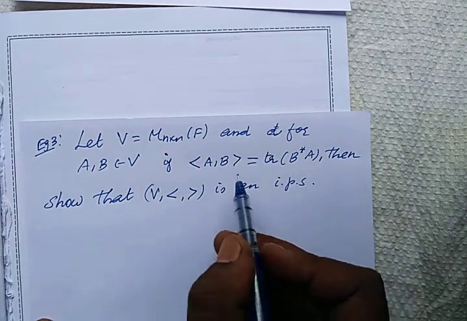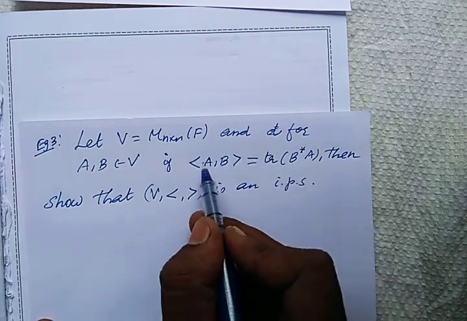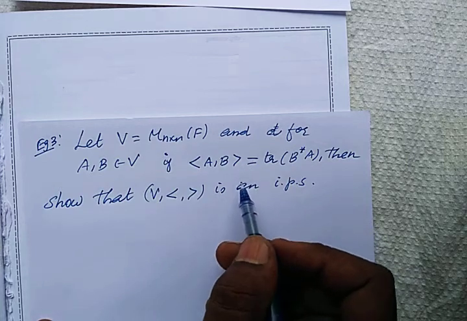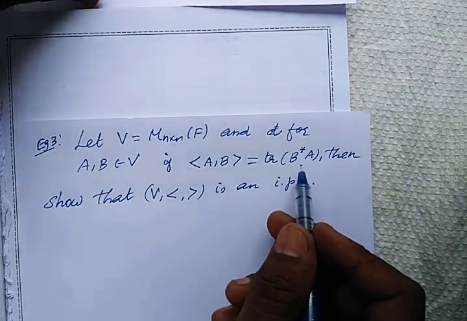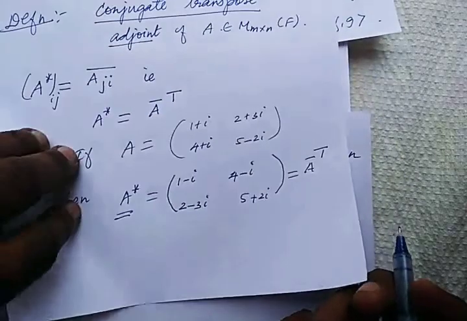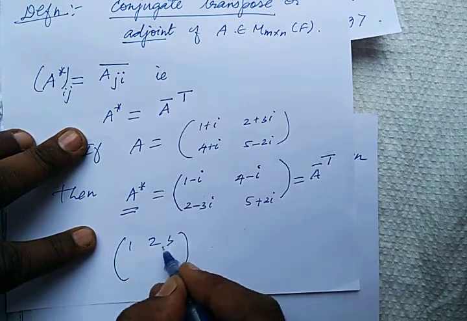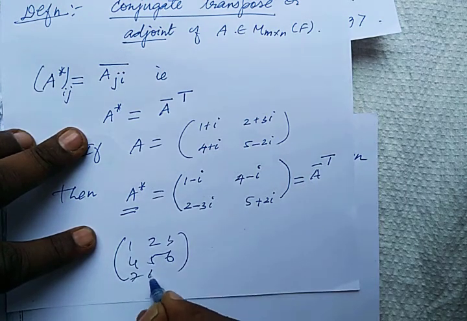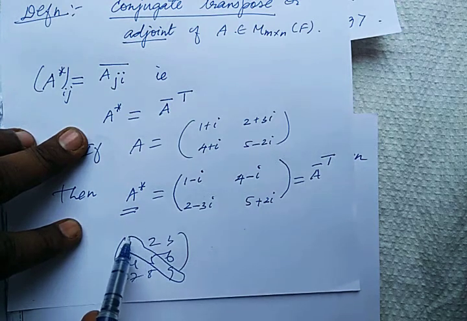So we have to show that this definition ensures those four conditions. First of all, what is trace? Trace of a matrix. Trace means, for example, take a matrix 1, 2, 3, 4, 5, 6, 7, 8, 9. Trace means sum of the main diagonal.